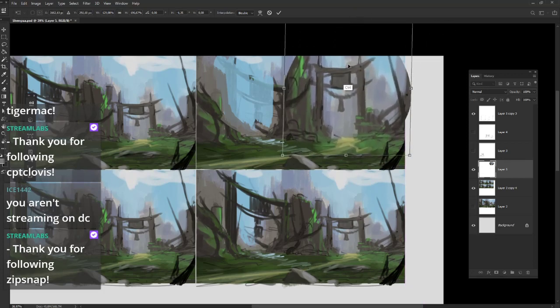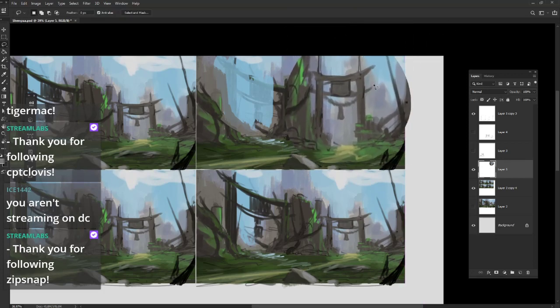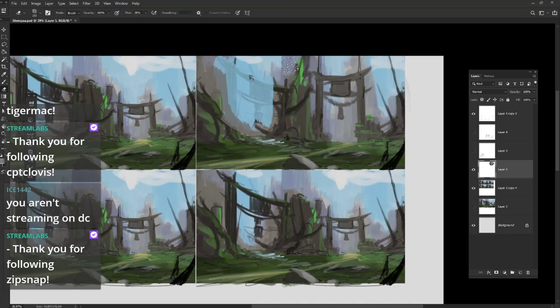Maybe I make it bigger. Maybe I make a road here with this kind of color. It changes a lot.